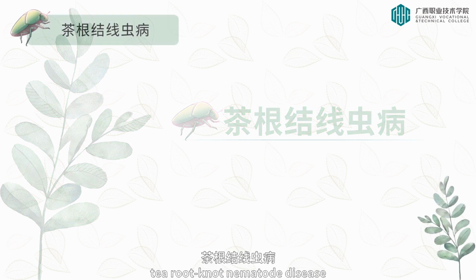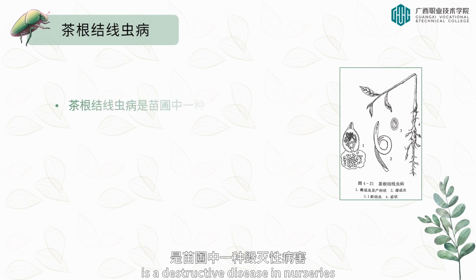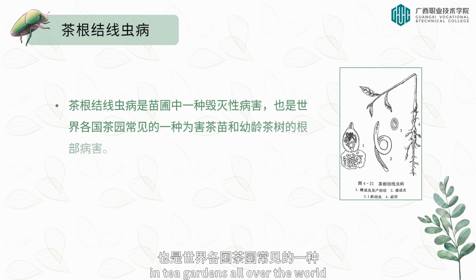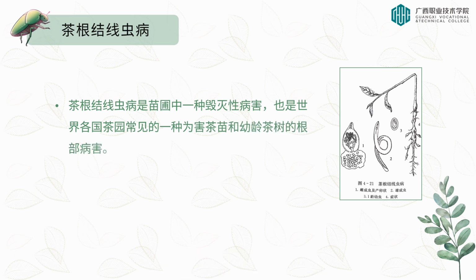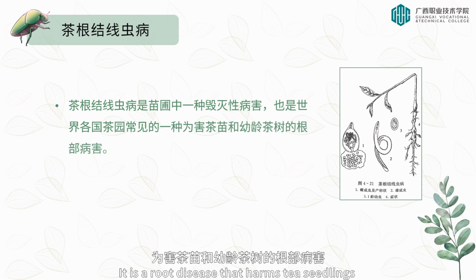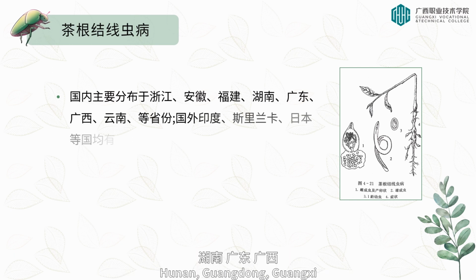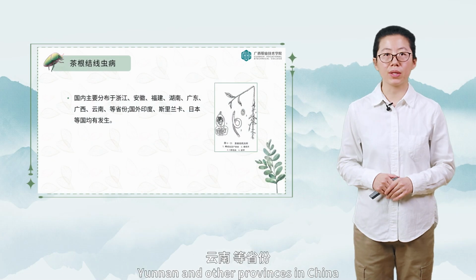Tea root knot nematode disease is a destructive disease in nurseries. It is also a common disease in tea gardens all over the world. It is a root disease that harms tea seedlings and young tea trees. It is mainly distributed in Zhejiang, Anhui, Fujian, Hunan, Guangdong, Guangxi, Yunnan, and other provinces in China.